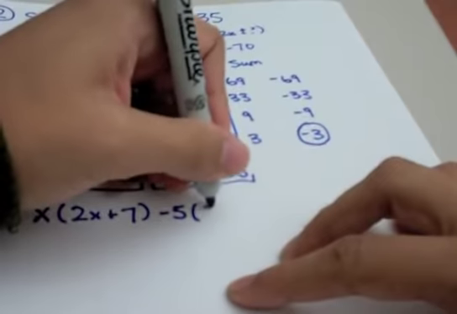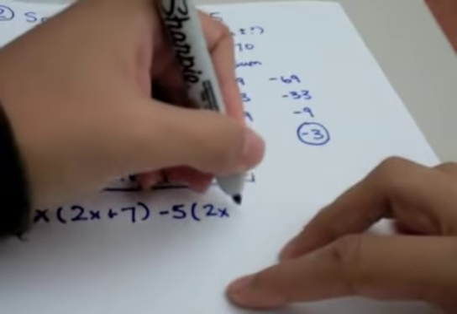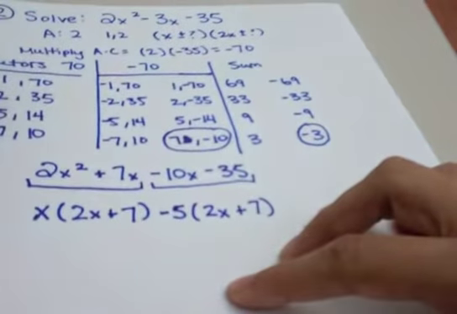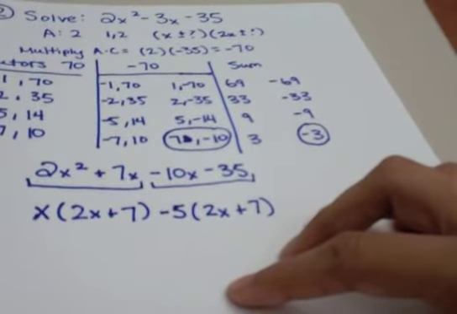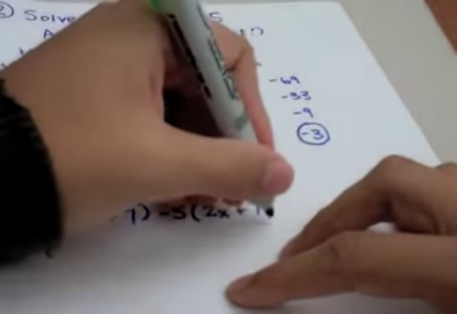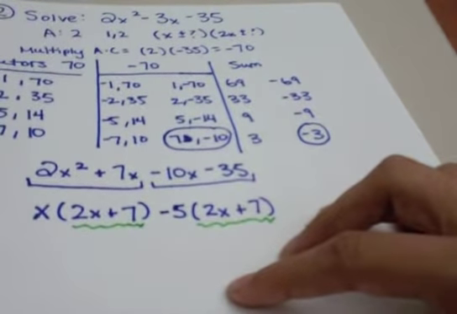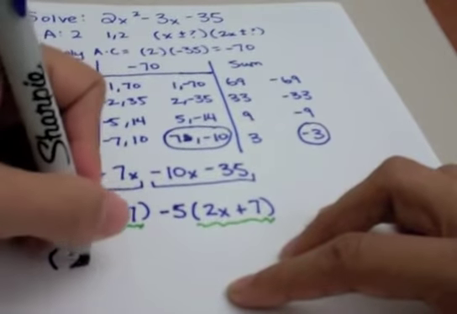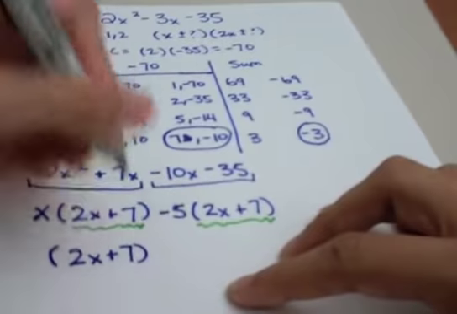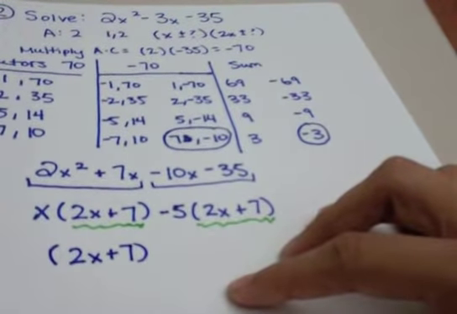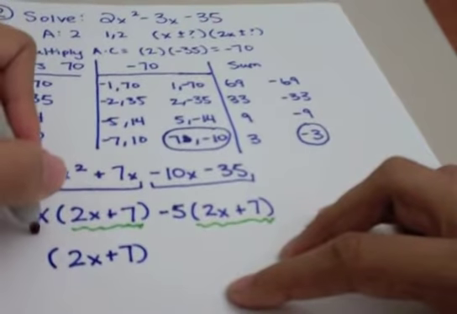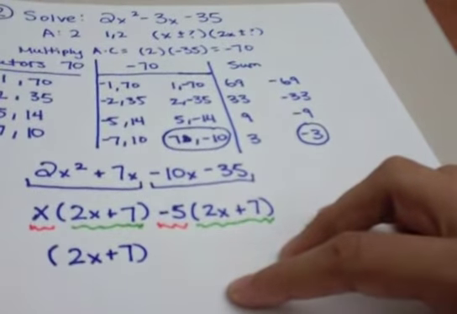That should be a 2x, and that'll be a plus 7. Once we get this far, we just need to finish our grouping. Over here, we've got 2x plus 7 and 2x plus 7, so we can factor that out. That'll give us a 2x plus 7 here, and then we are left with x minus 5 there.